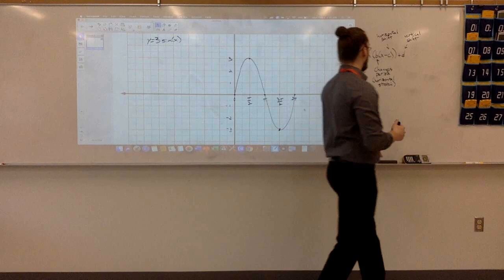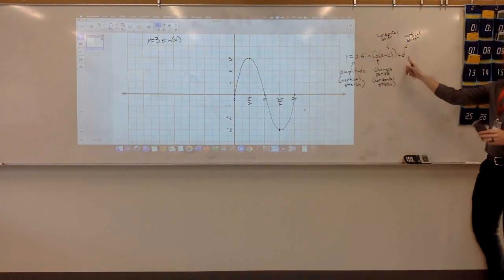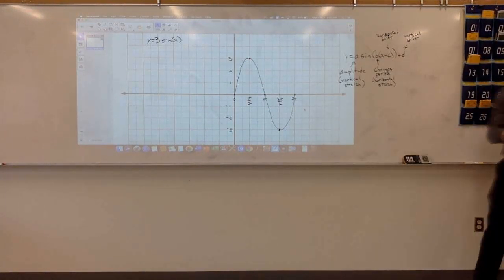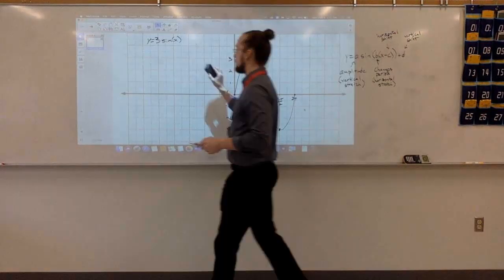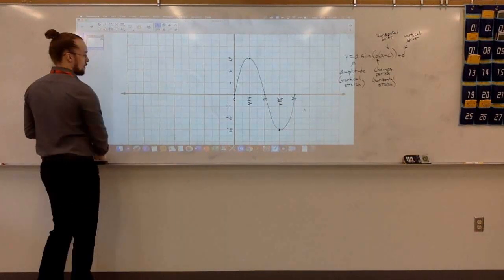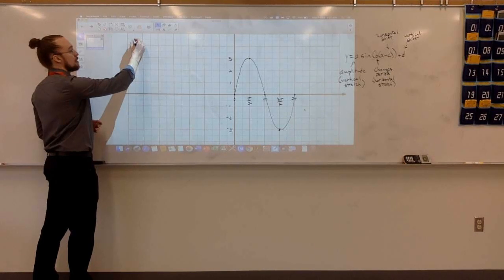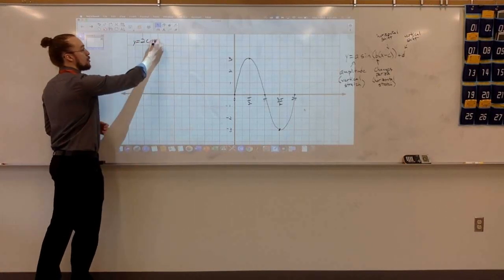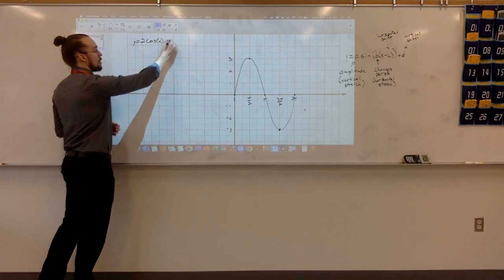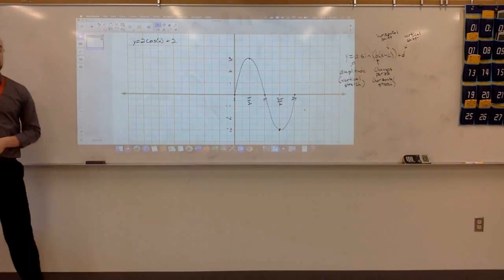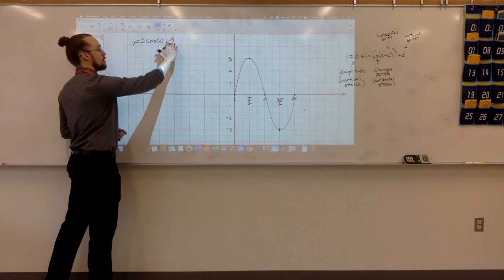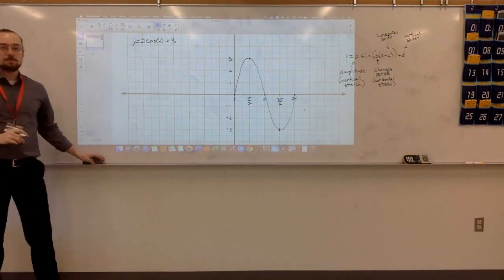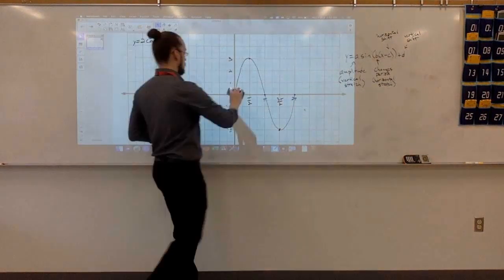Before we look at B and C, let me throw on a D value. So let's do something like y equals 2 cosine of x plus 3.